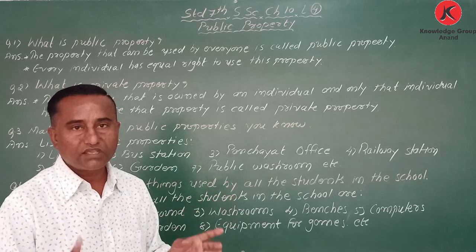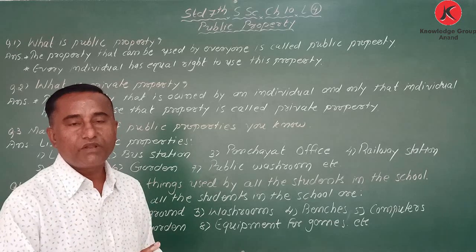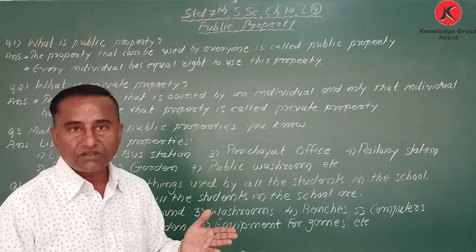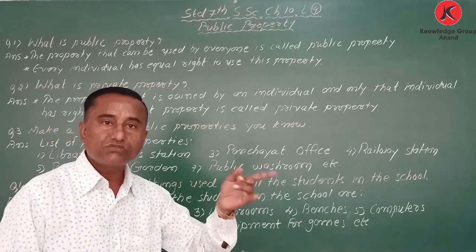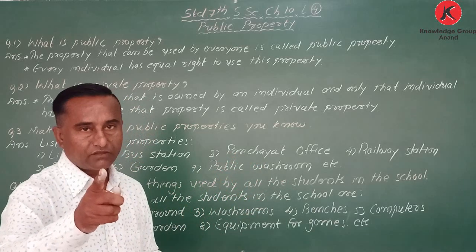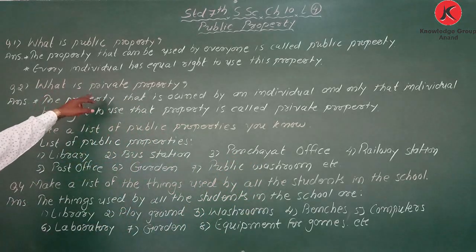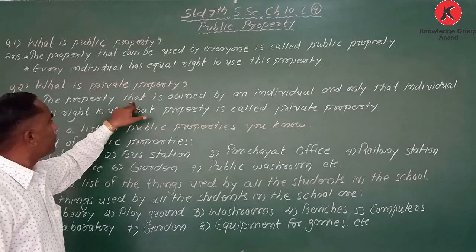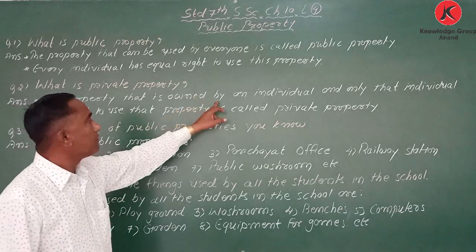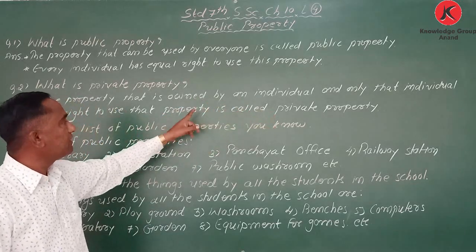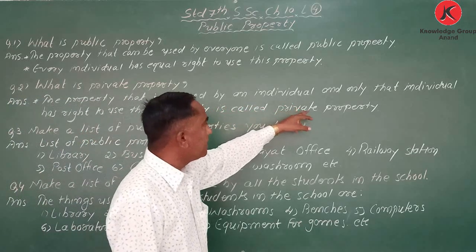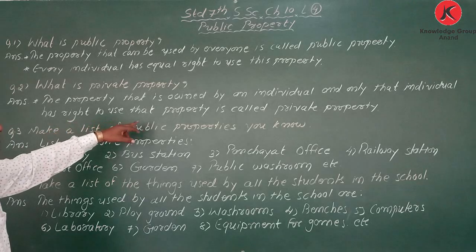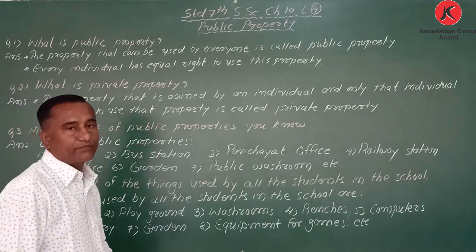So, private property and public property. Private property is owned by someone, and with his or her permission we can use it. So what is private property? The property that is owned by an individual, and only that individual has the right to use it, is called private property.